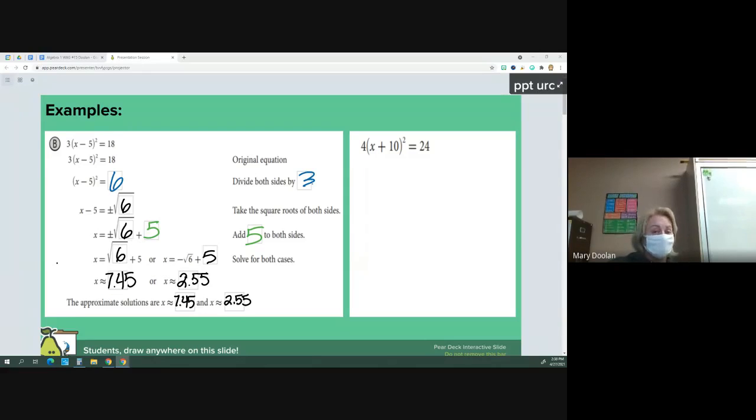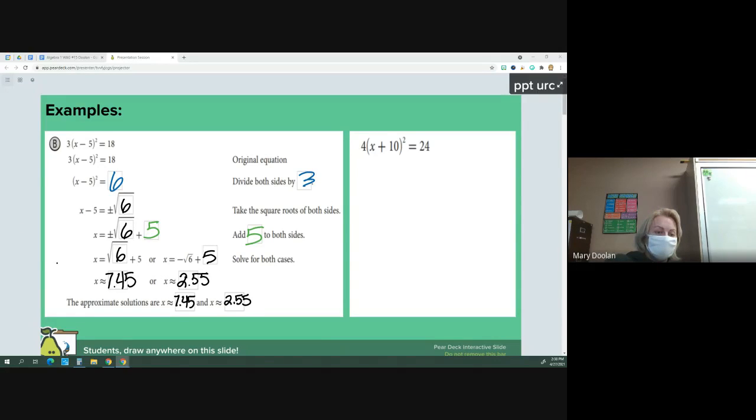My variable is x. I'm trying to get it isolated, all by itself. There's lots of things happening to it. 10 is being added to it, that whole binomial is being squared, and we're multiplying by 4. We want to unwrap the variable, starting with the outermost thing, which is this 4 here.